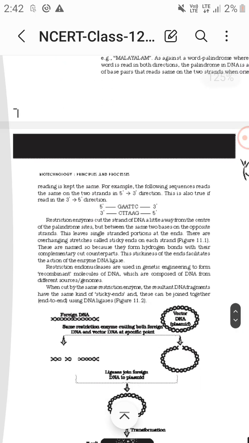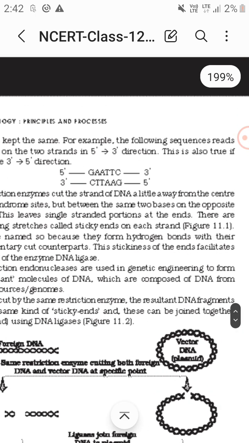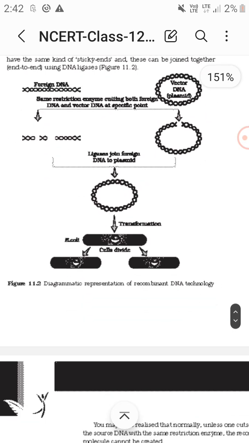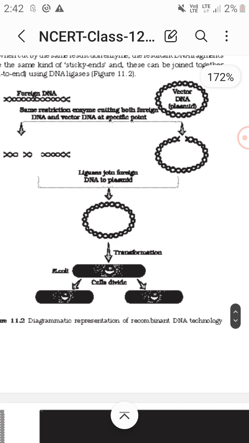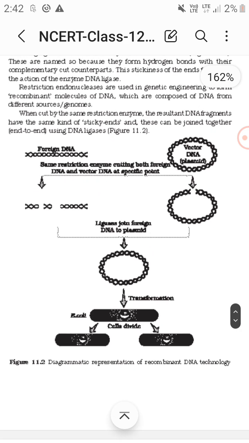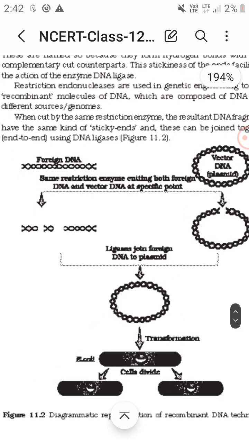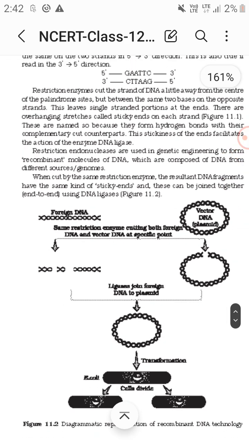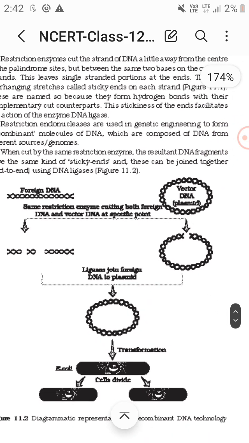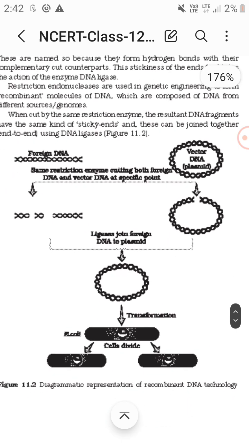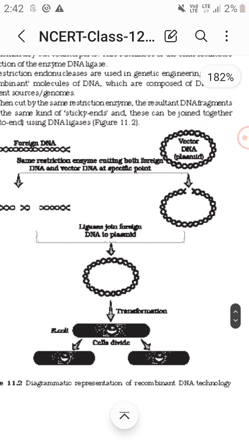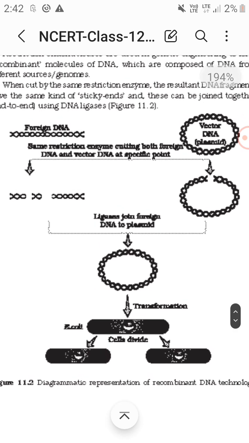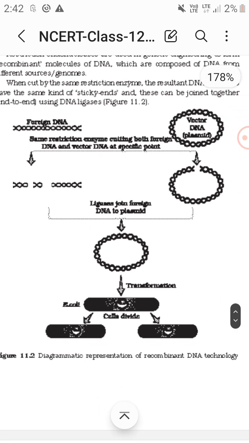Another thing is that GAATTC, you see in the 5' to 3' direction, is the palindromic sequence. Now, another diagram showing a diagrammatic representation of recombinant DNA technology. You see there is foreign DNA, and this is vector DNA, that is the plasmid. The same restriction enzyme acts on both the foreign DNA and the vector DNA at specific points so that they produce the same kind of sticky ends, so that ligase can join them easily after cutting.